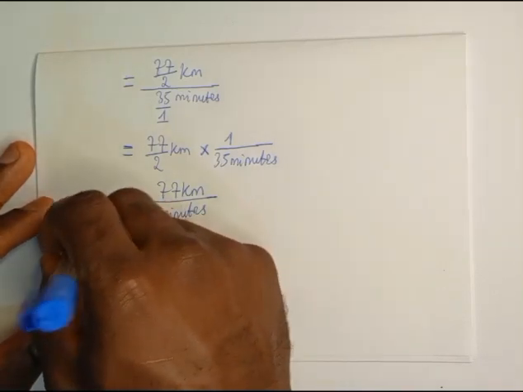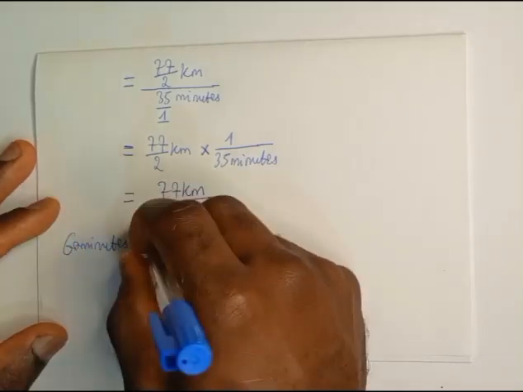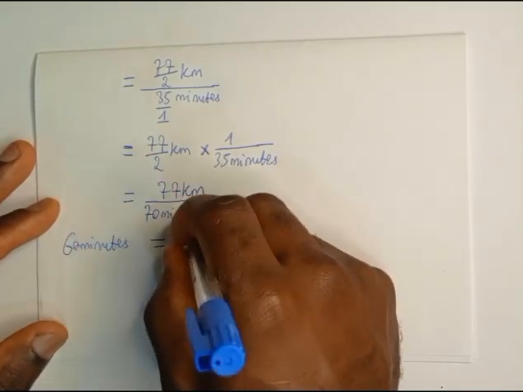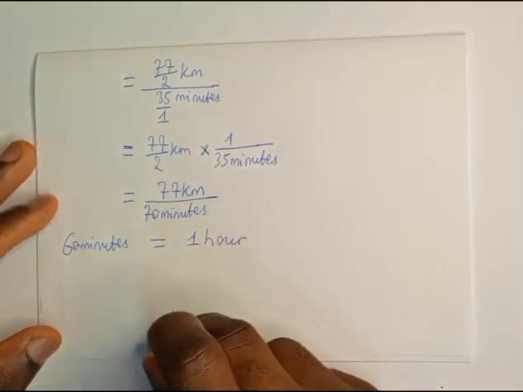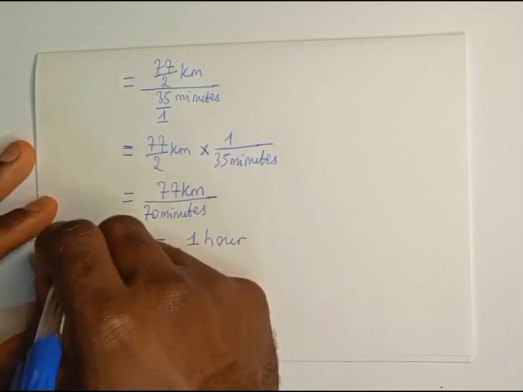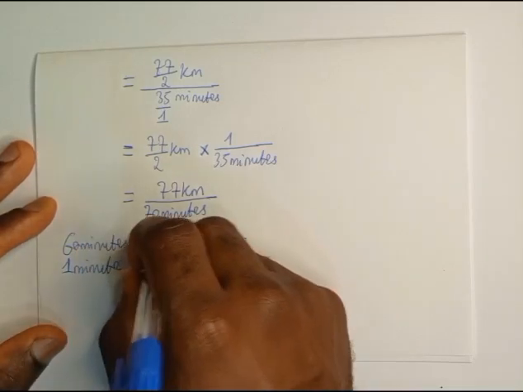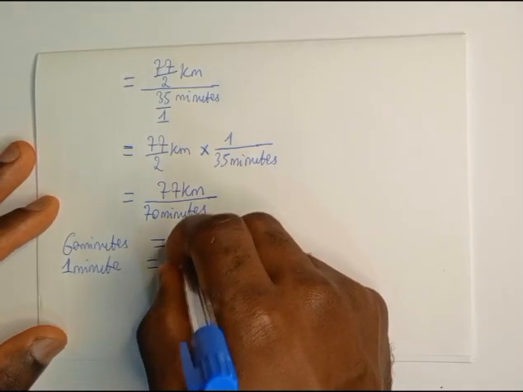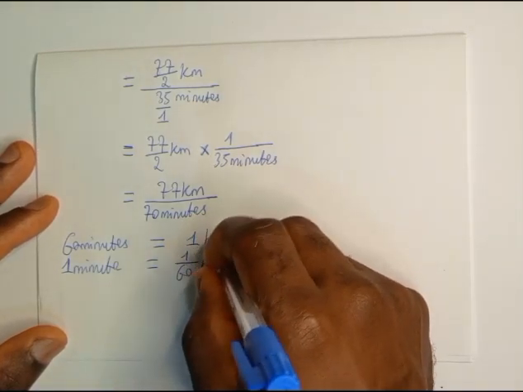First, we know 60 minutes makes 1 hour. If we divide both sides by 60, 1 minute will simply be equal to 1 all over 60 hours.